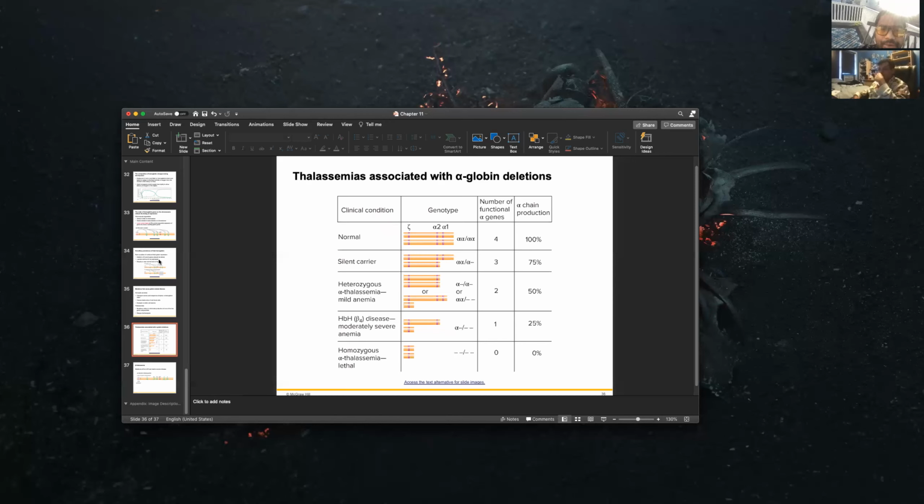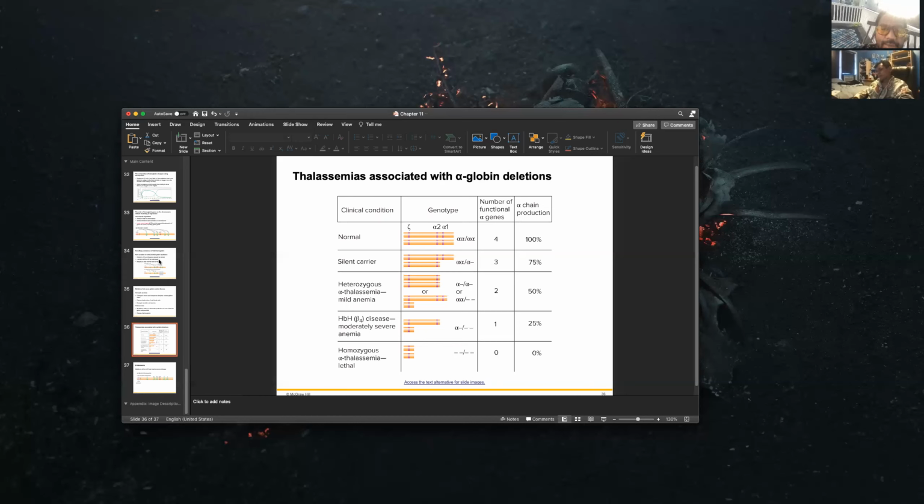Here's an example of thalassemias associated with alpha globin deletion. Normal: alpha chain production 100%, number of functional alpha genes is 4. Then there's a silent carrier with 3 functional alpha genes, producing 3/4.